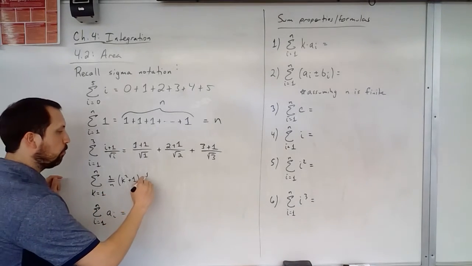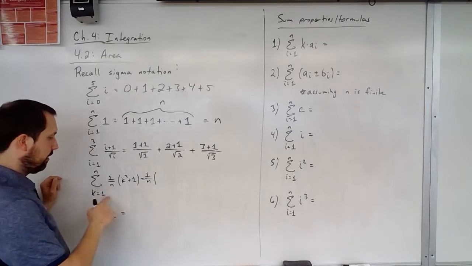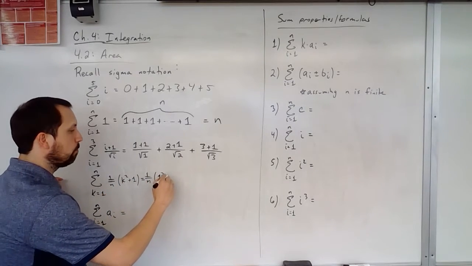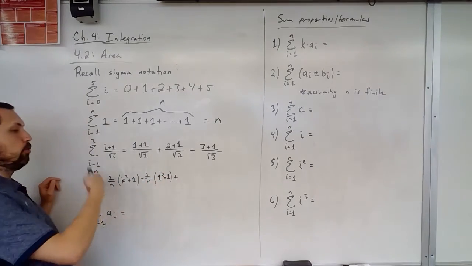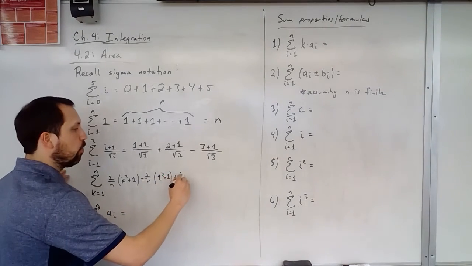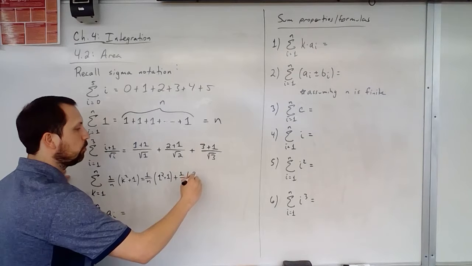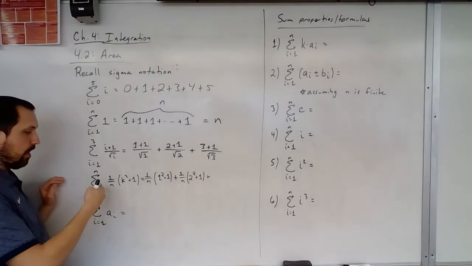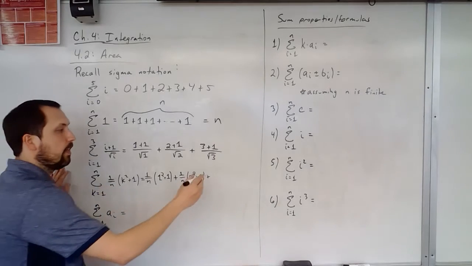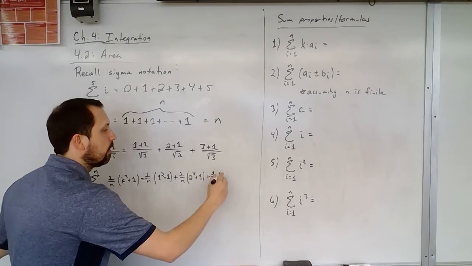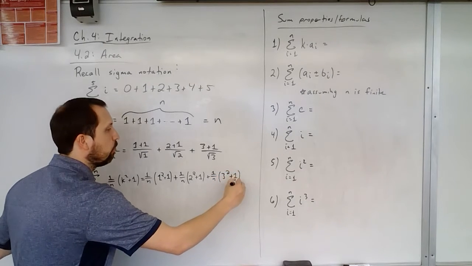So this is going to be 1 over n, and then we plug in 1 for k, so I have 1 squared plus 1. The next term, when k equals 2, is going to be 1 over n times 2 squared plus 1. Then I go to the next one. When k equals 3, I have 1 over n times 3 squared plus 1.